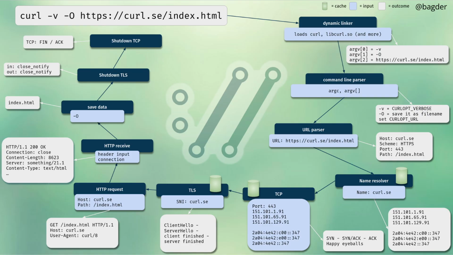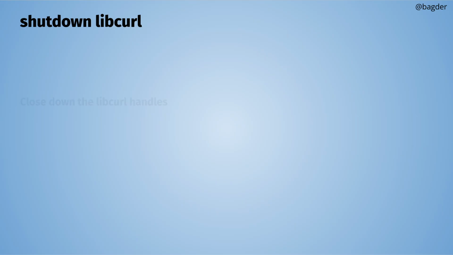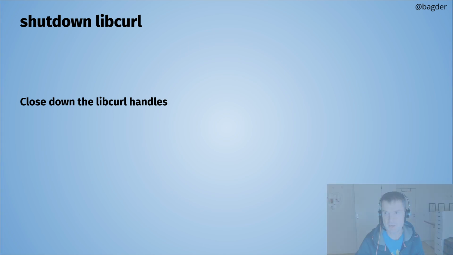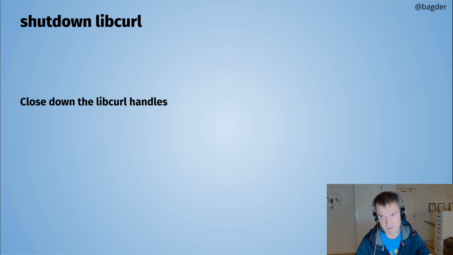Once we've done that, which is still done within libcurl, libcurl returns into the command line tool, and now the command line tool knows that this transfer is complete. Each transfer in the libcurl API uses handles.